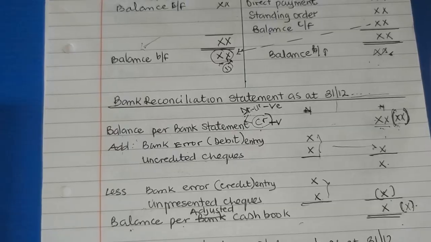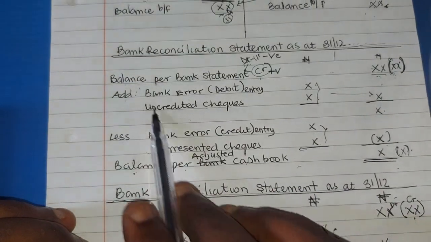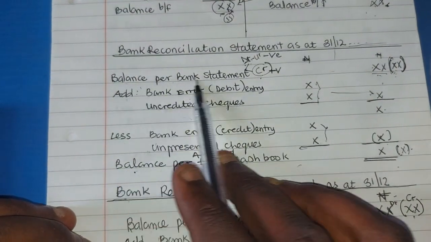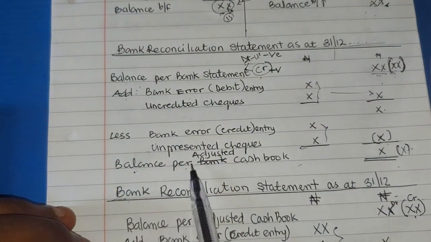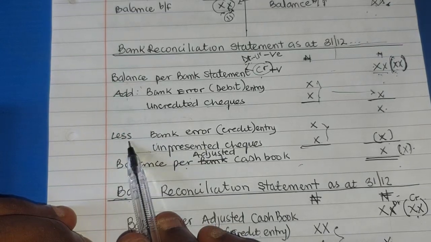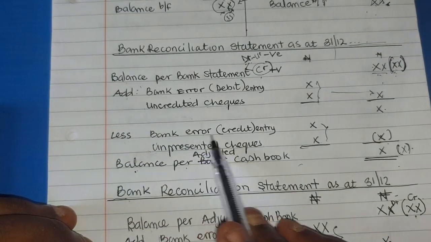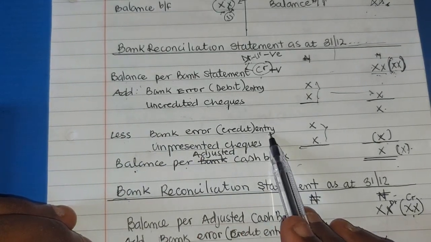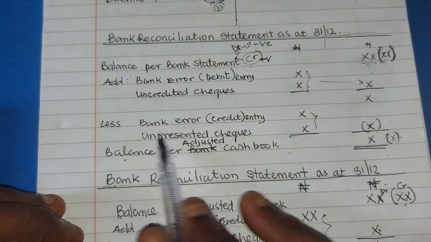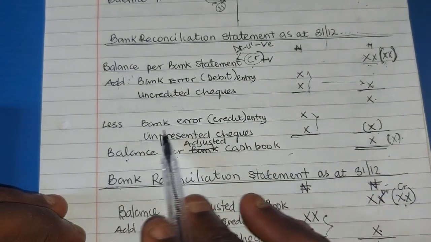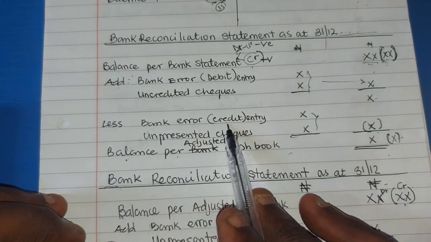Then I told you when you start with bank balance per bank statement, you will less bank error credit entry, from the format.